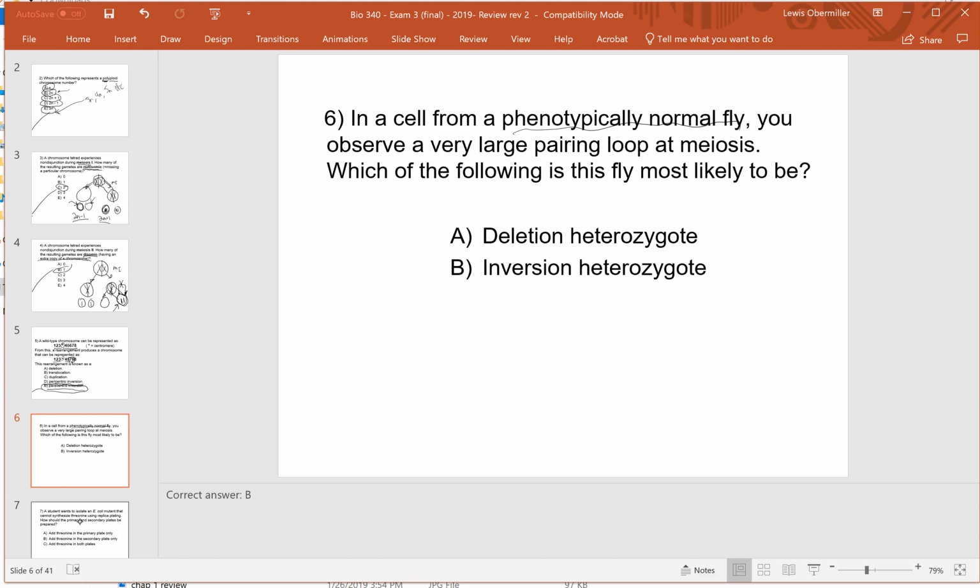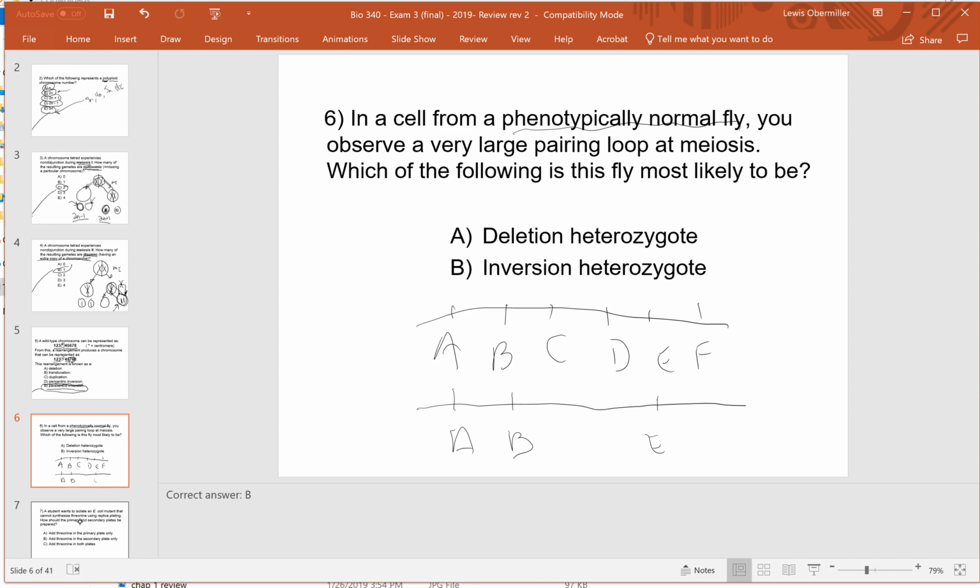So in a deletion, let's say this is a chromosome, we have A, B, C, D, E, and F. In a deletion, we would have something like A, B, and then E and F. So this would get cut out.